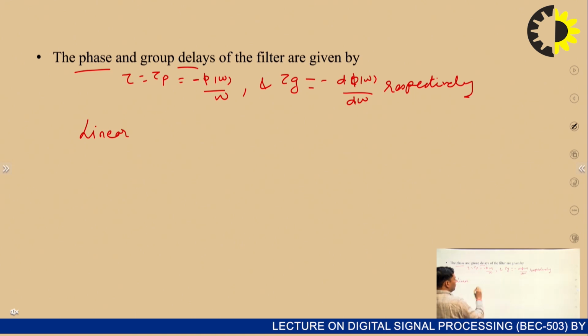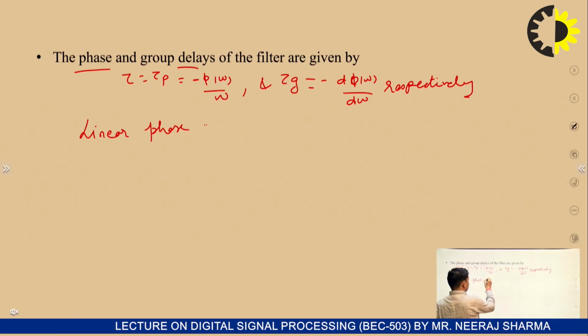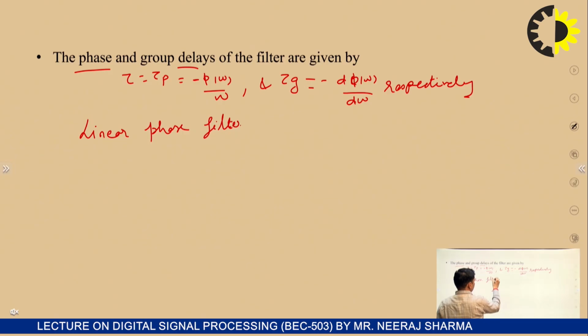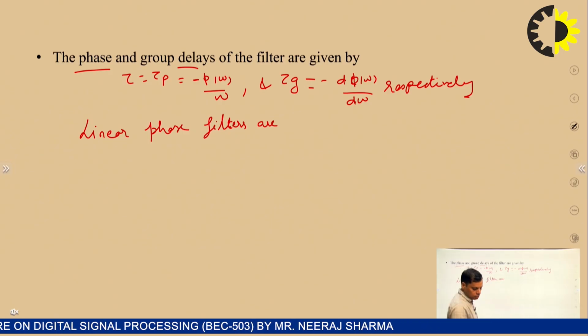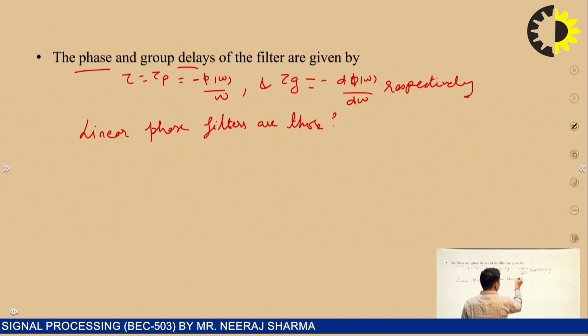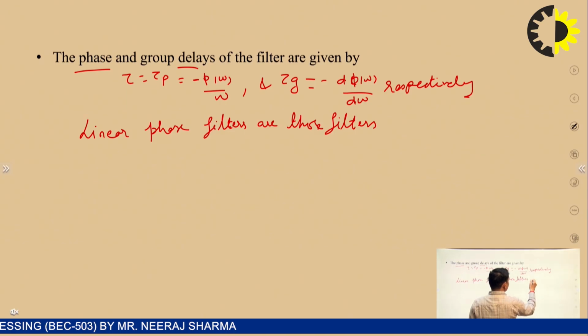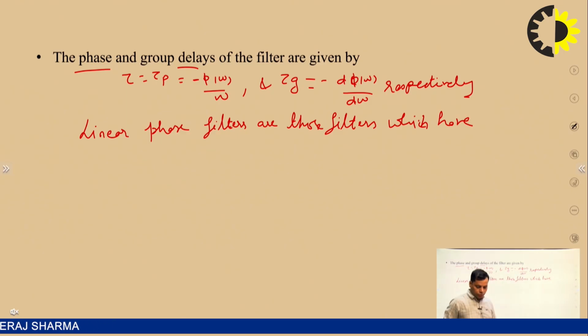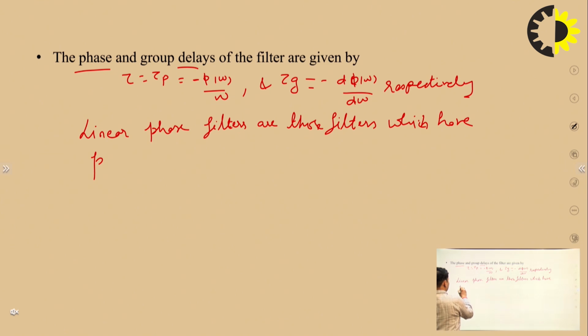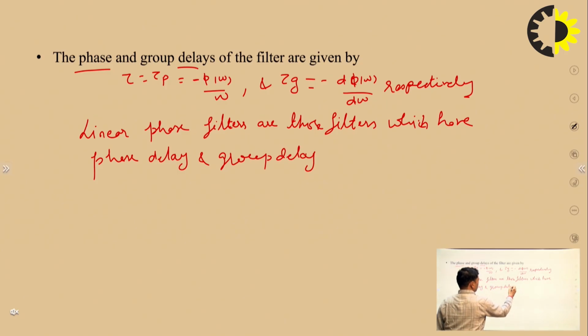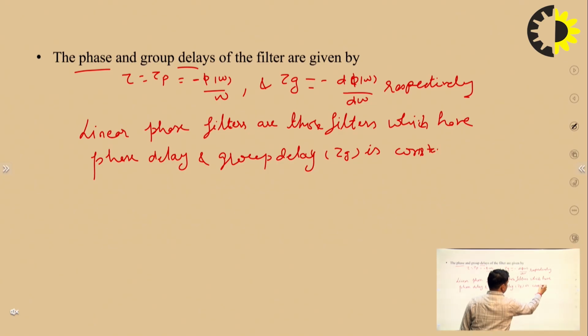With the help of these two, we can say that the linear phase filters are those filters which have phase delay and the group delay, that is tau g, constant.